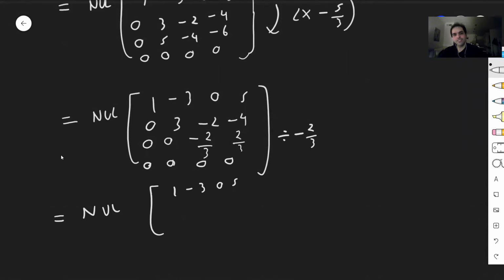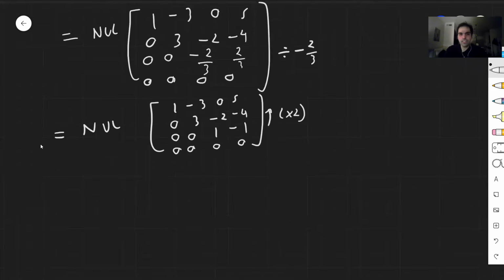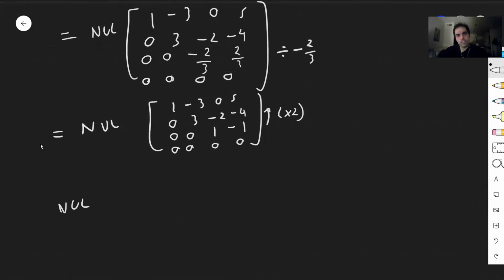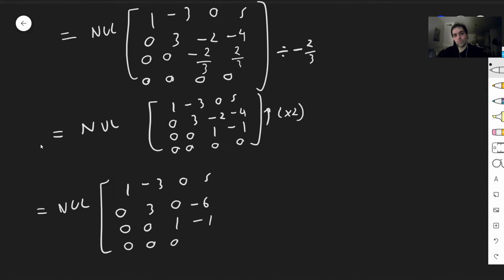So 1, minus 3, 0, 5, 0, 3, minus 2, minus 4, 0, 0, 1, minus 1, 0, 0, 0, 0. And again, multiply this by 2. And then we get null space of 1, minus 3, 0, 5, 0, 3, 0, minus 6, 0, 0, 1, minus 1, 0, 0, 0, 0.